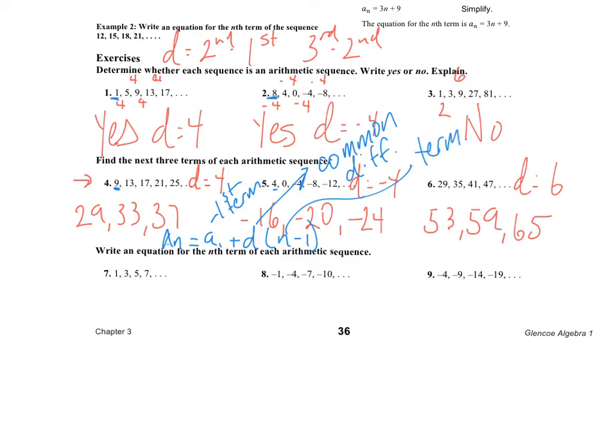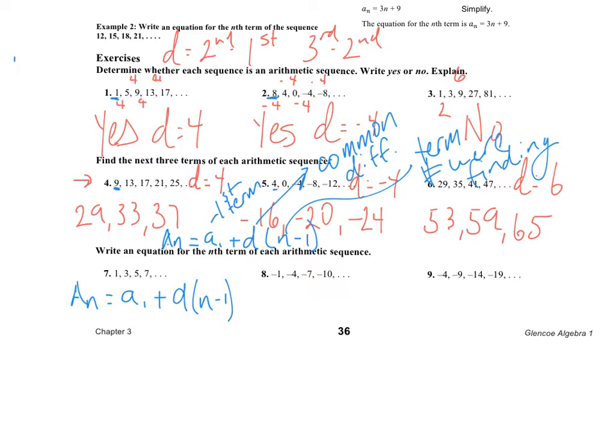I know I'm writing everywhere, I apologize. Okay. So if I want to use this formula, a_n equals a_1 plus d times n minus 1, I only need to figure out two things. What's your first term? What's your common difference? The formula will do the rest for me.